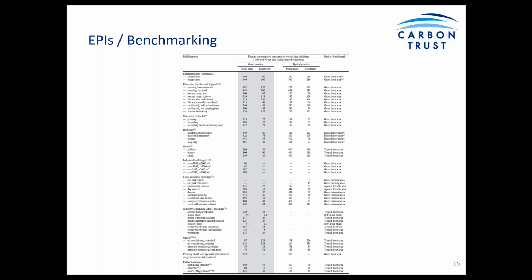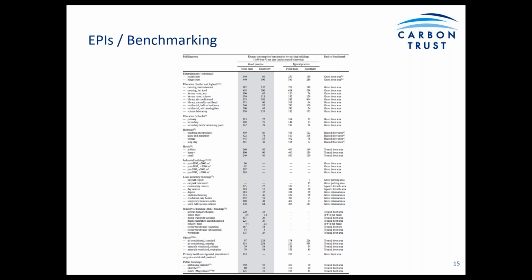So these are from CIBSE Guide F, which looks at energy consumption in different types of commercial buildings. And here we can see that they actually give both best practice and typical kilowatt hours per square meter benchmark figures for both fossil fuel and electricity consumption, depending on the type of site that you operate.